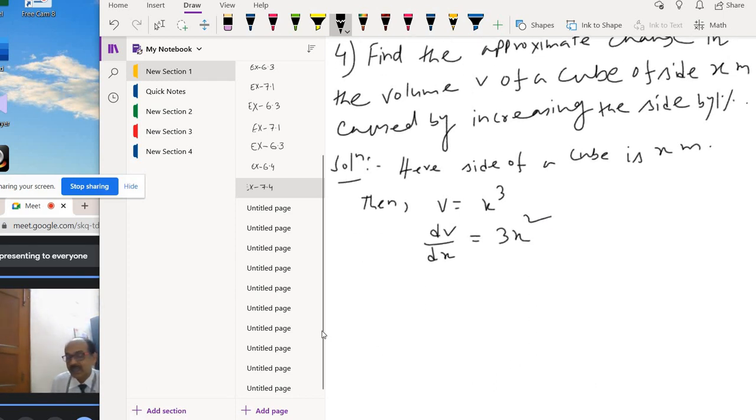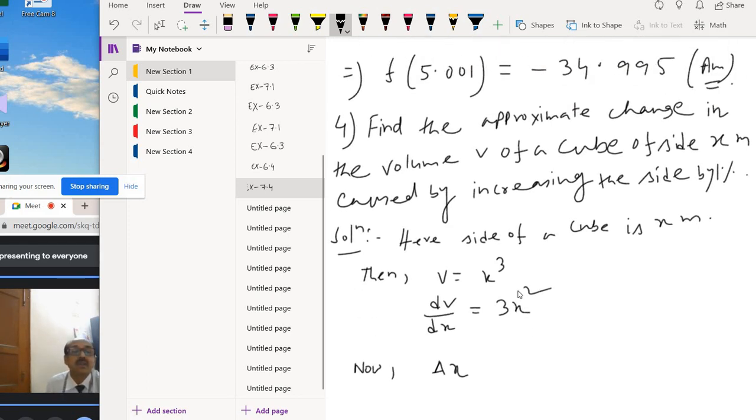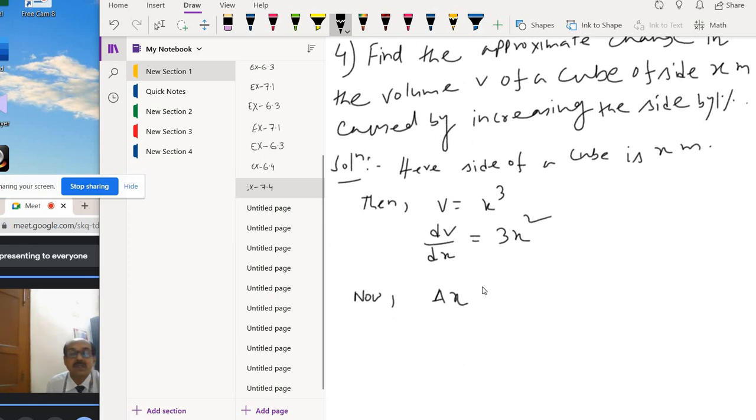Let delta x be the change in the side. Delta x is increasing the side by 1%, so it equals 1% of x, that is 1 by 100 into x, which is 0.01x. This is delta x.